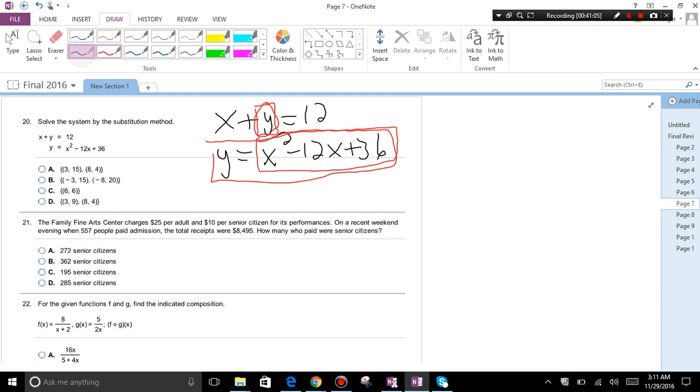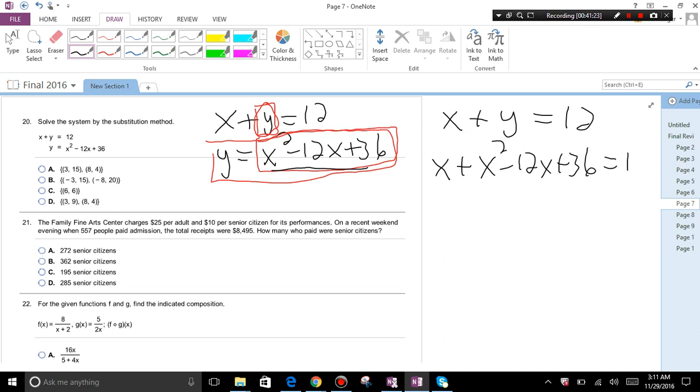Once I have x, I can go back and get y. So x plus x squared minus 12x plus 36 is equal to 12. I just completely replace the y with what it's equal to.